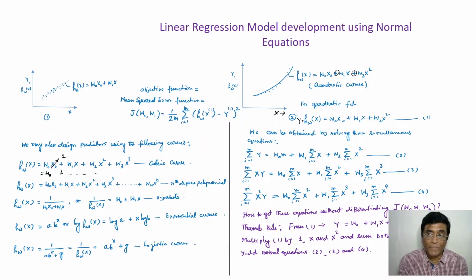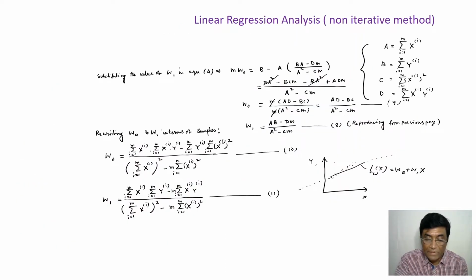You are free to choose your predictor. You design your predictor, and accordingly, through linear regression analysis, you create that many equations from the samples, and solve the equations in terms of the samples, and the parameter values will be determined.